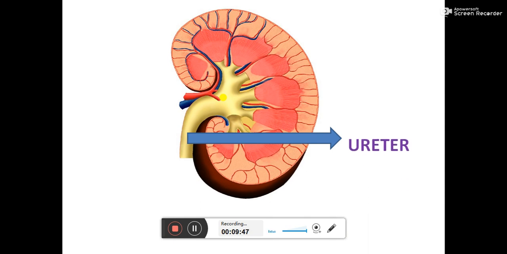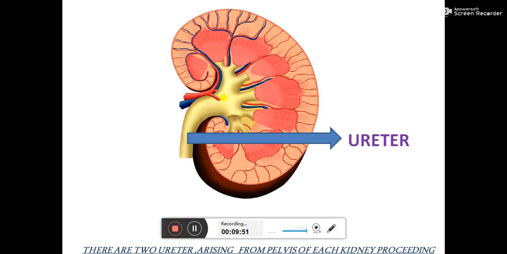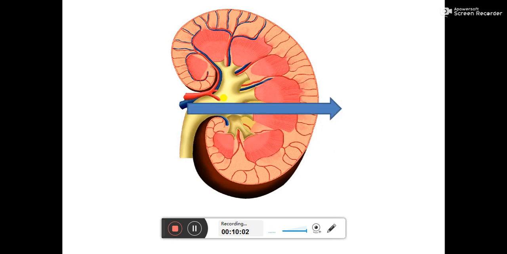Now you can see the position of the ureter. We have talked before about it. There are two ureters arising from the pelvis of each kidney, proceeding downwards to open in the urinary bladder. Now, it is the renal artery. What is the function of it?